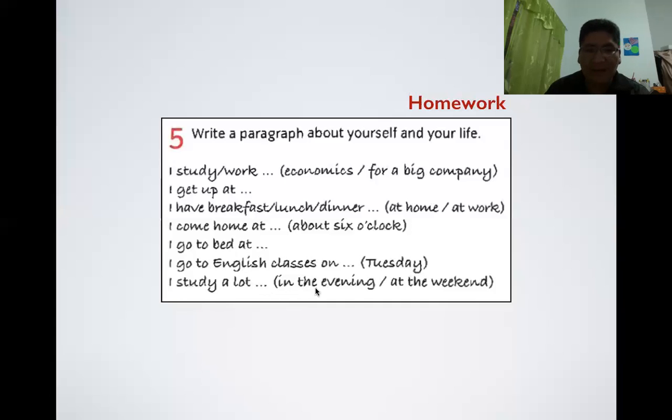I study a lot in the evening or at the weekend. So you have to write a paragraph about yourself. This is homework, okay? You are going to do this in your notebooks, and you have to show me when we see it in class.